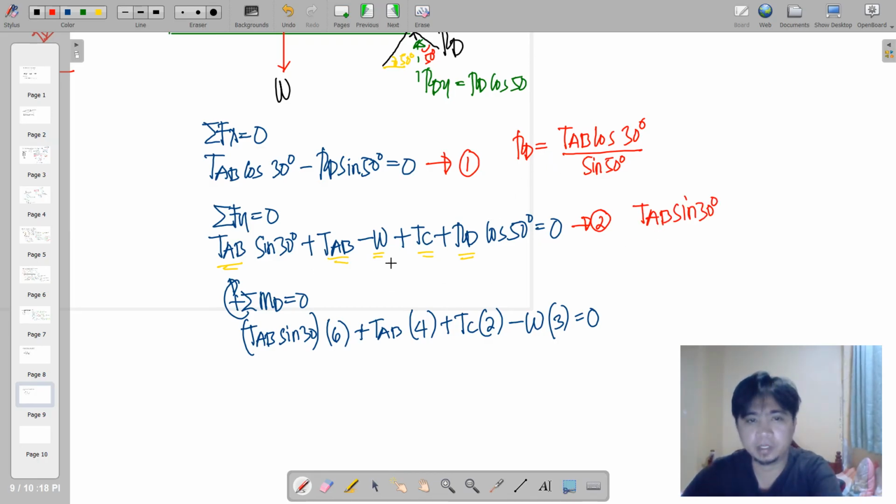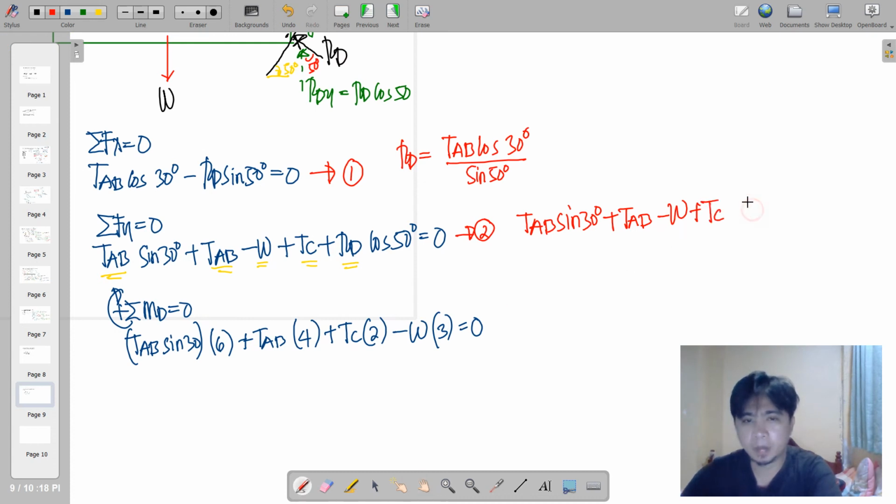So we just copy this one, and then TAB, the W in it, and then the tension at C. So this time, we have to replace RD by this expression. So TAB cosine 30 over sine 50. So this is the RD.